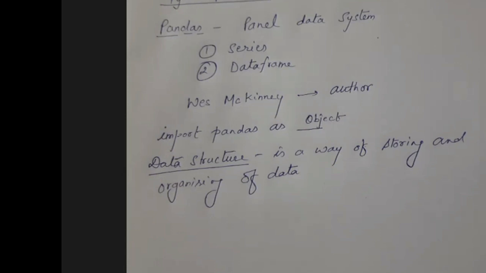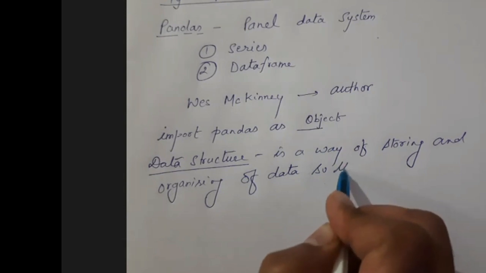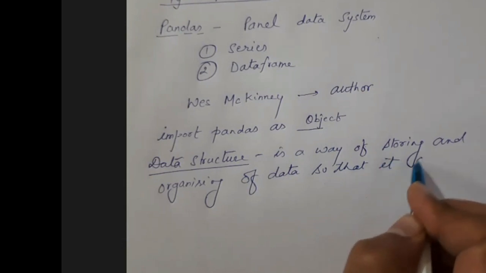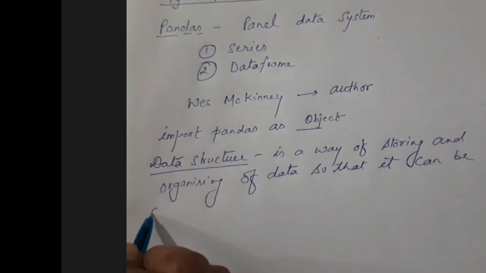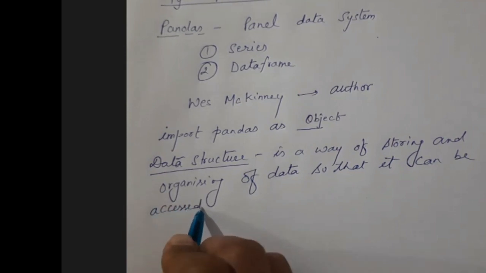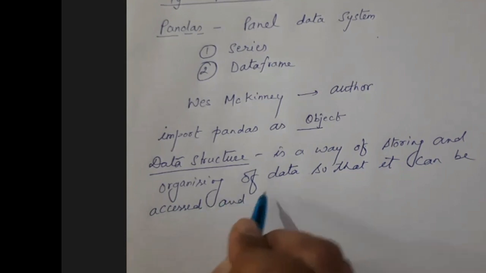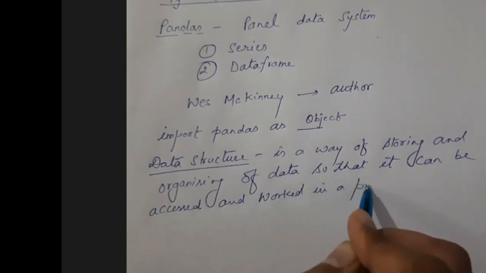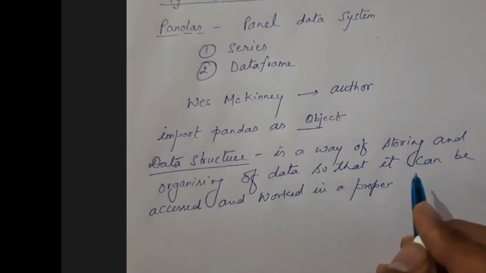So what we say is that data structure is a way of storing and organizing data so that it can be accessed and worked on in a proper way.